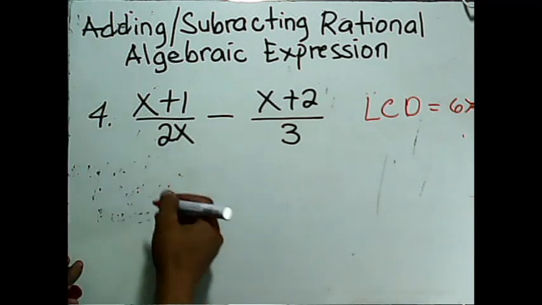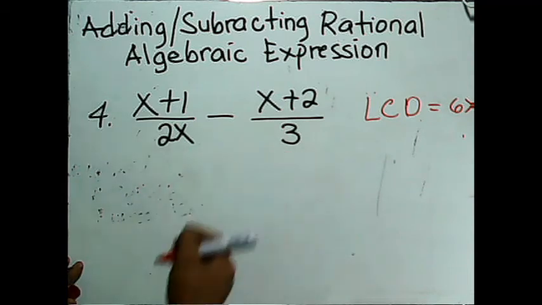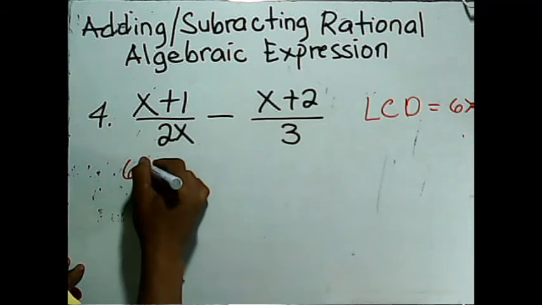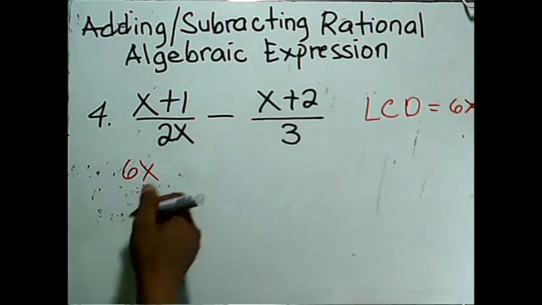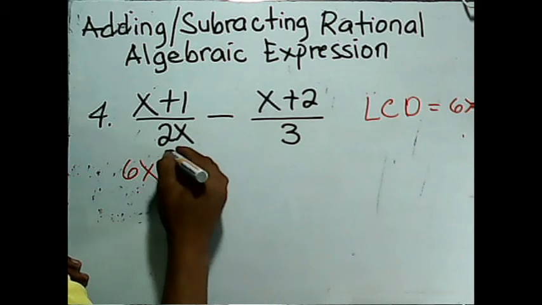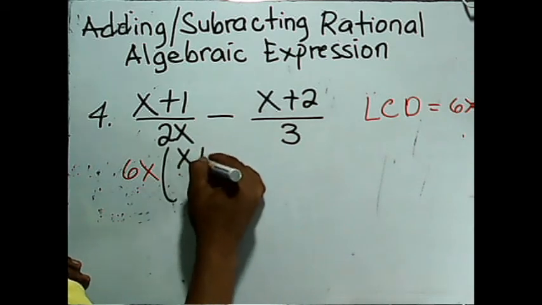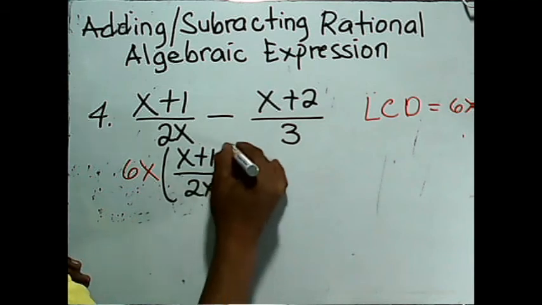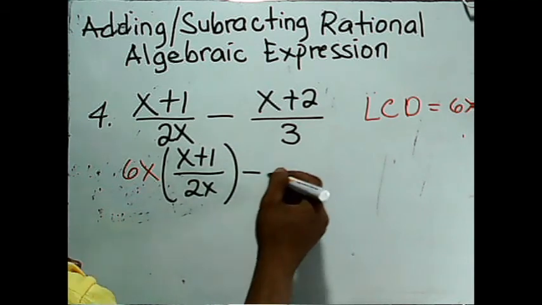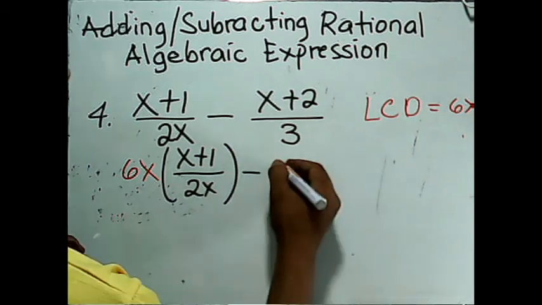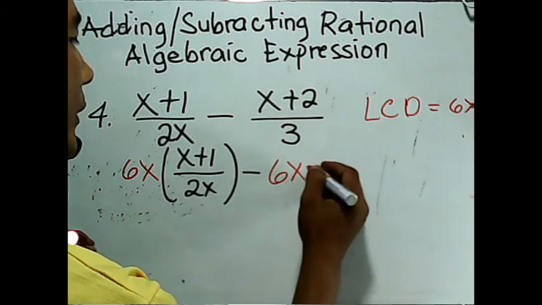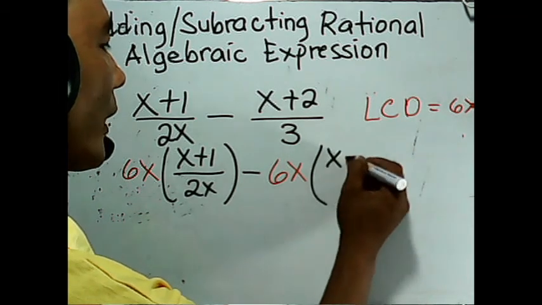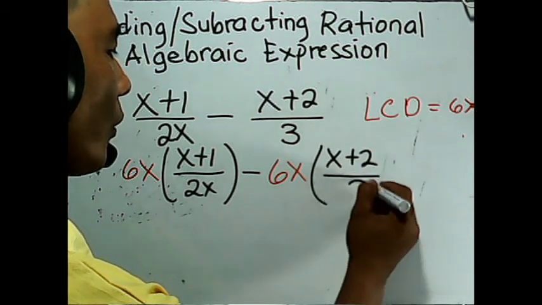So we multiply directly to each of the terms. So becomes 6x times x plus 1 all over 2x minus 6x times x plus 2 all over 3.